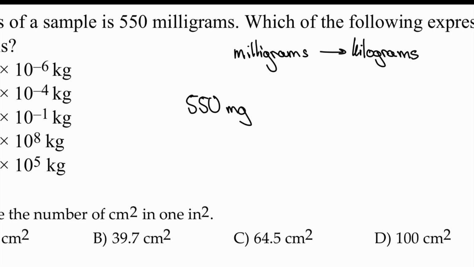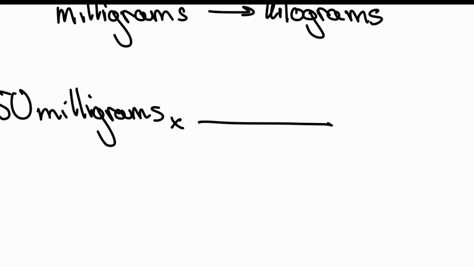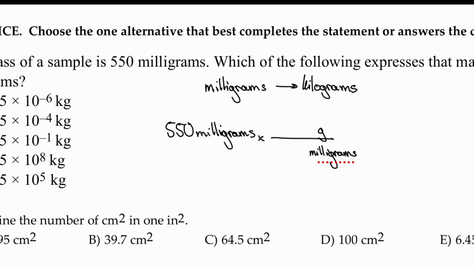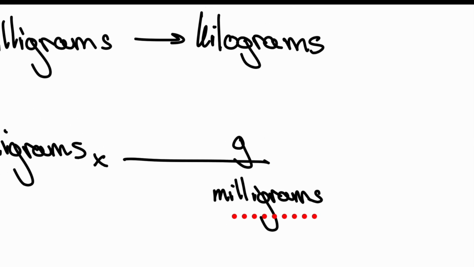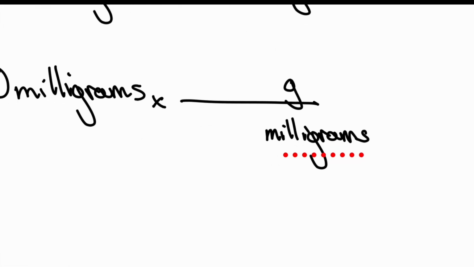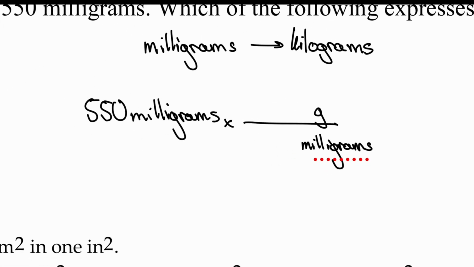We could say mg. I find that ugly. Times our first conversion factor, which will be, we first have to set the bottom equal to milligrams, and on top we're going to go grams. So it might be possible to go straight from milligrams to kilograms, but I would just go from milligrams to grams and then go to kilograms. So if you guys watched my video, I talked about how these prefixes matter.